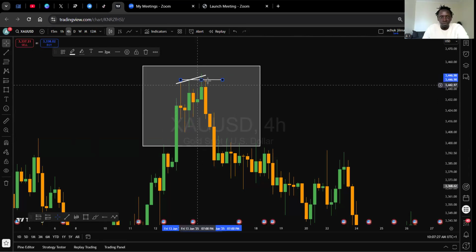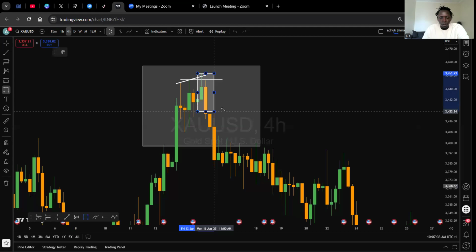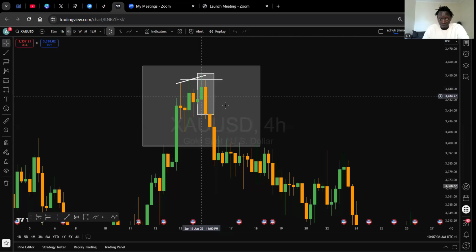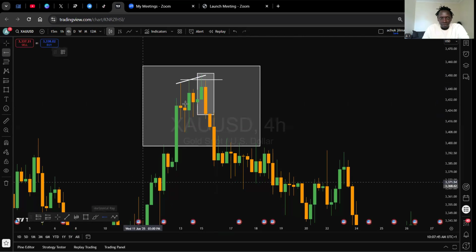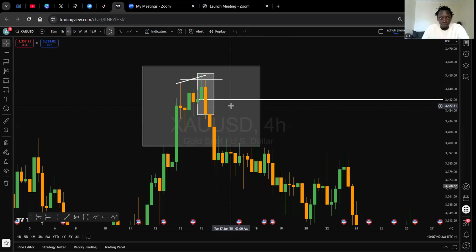And then from this resistance, we see a bearish engulfing candle here, what you call your order block. Now, for this bearish engulfing candle, there's a difference between this low and this high, and that difference is exactly here. And that is the concept I introduced to you.